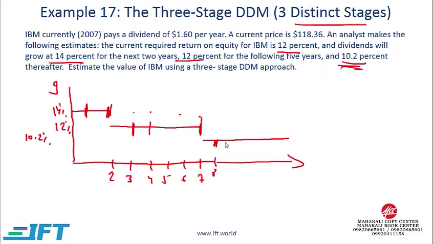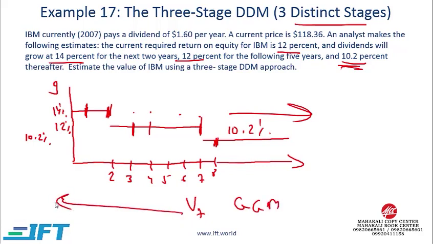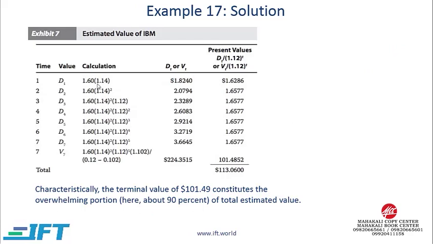So you will have D8. And then since 10.2% is going on forever, based on our assumptions, you can come up with the value at time 7 based on the Gordon growth model and discount this back. And that is effectively what's being done here.